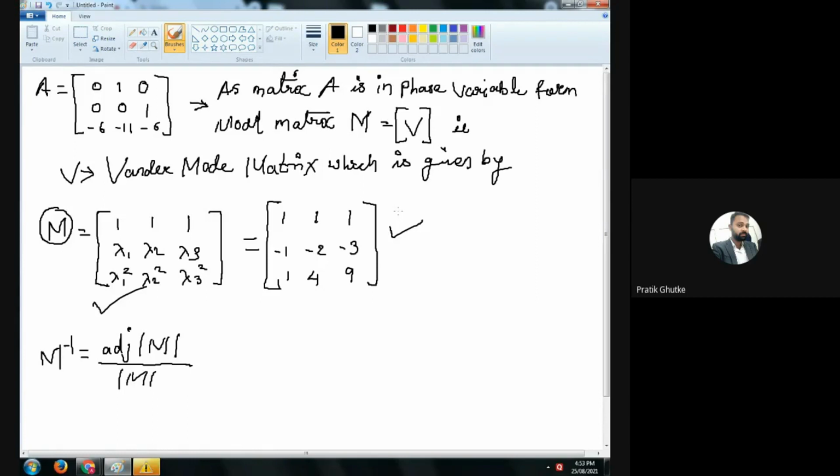In the calci there is a provision given. To calculate a 3 by 3 matrix inverse, you can easily put all these values of the M matrix and you will get the M inverse matrix.